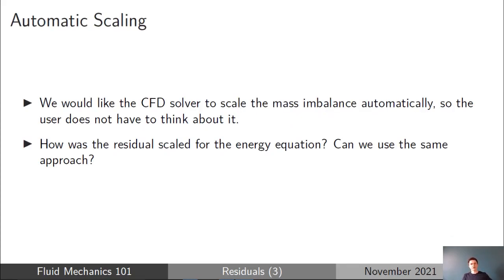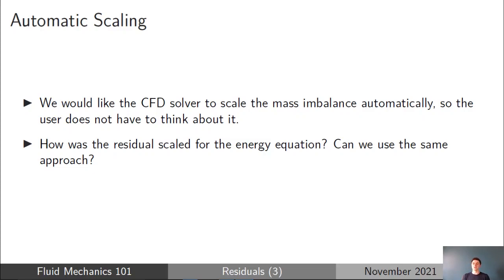So that's what we want to be thinking about for the rest of this talk: for the mass imbalance in particular, what would be a way that we could do automatic scaling? How could we get the CFD code to calculate some kind of representative mass flow rate through the domain?